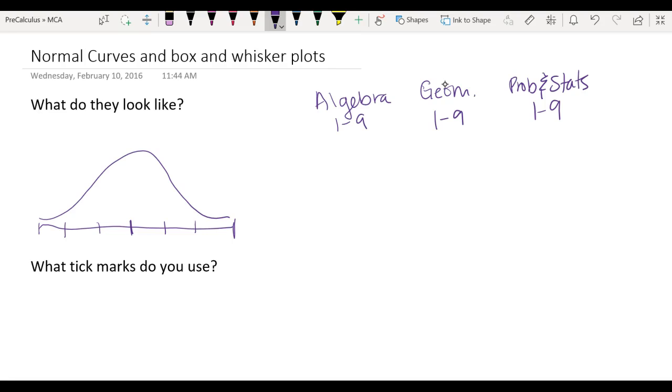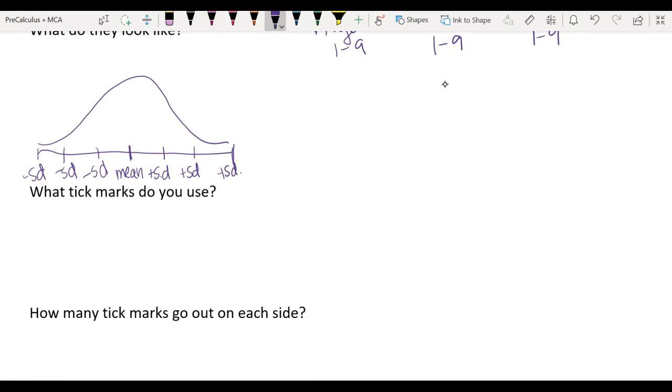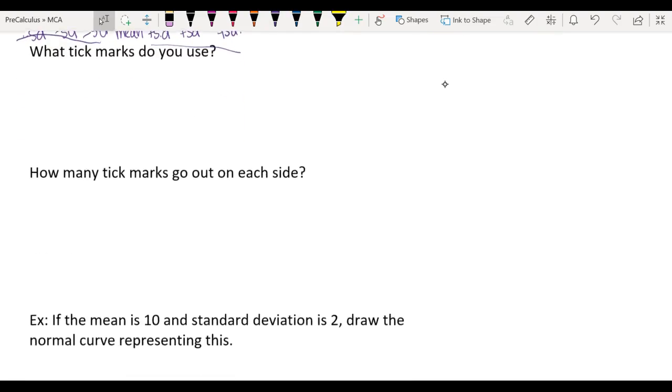The middle tick mark is your mean, and then you add your standard deviation each time going up, or you subtract your standard deviation every time you go down. So that answers these 2 questions. What tick marks do you use? You use your mean, and you add and subtract your standard deviation. How many tick marks go out on each side? You need to have 3 going out on each side for those standard deviations.